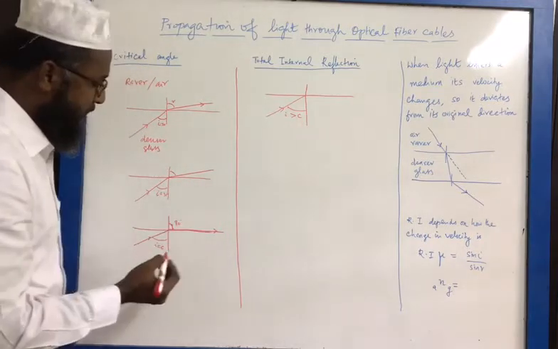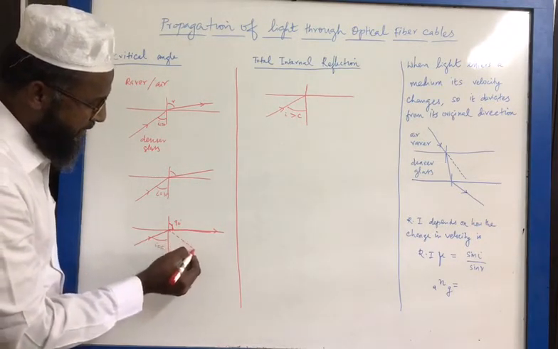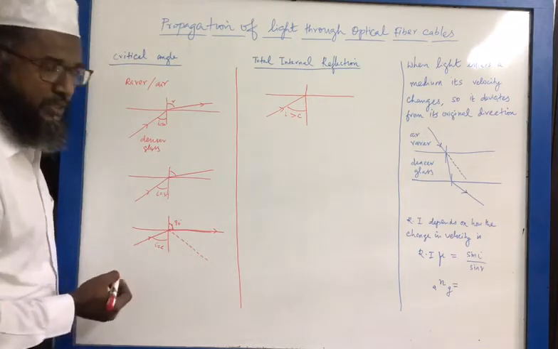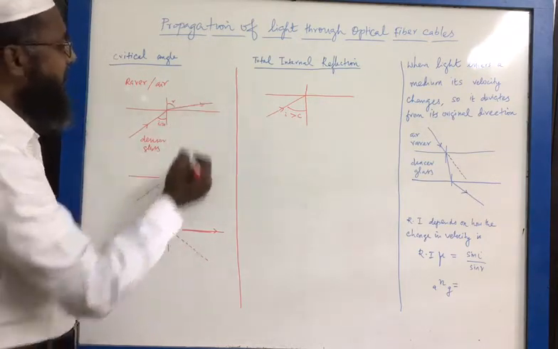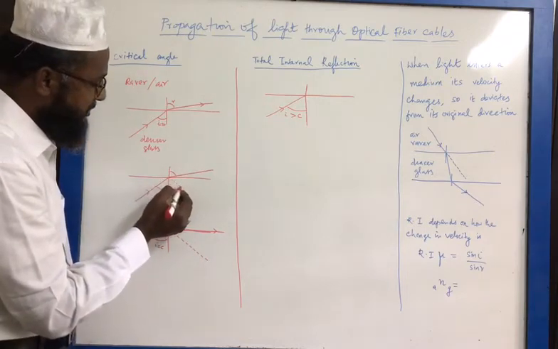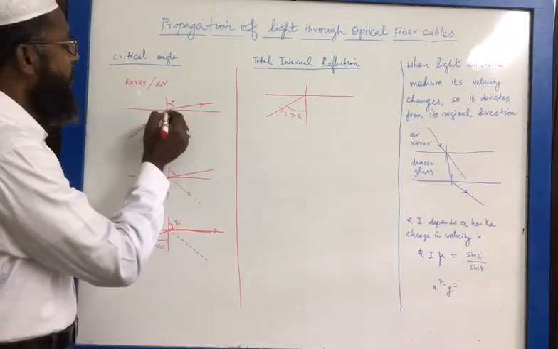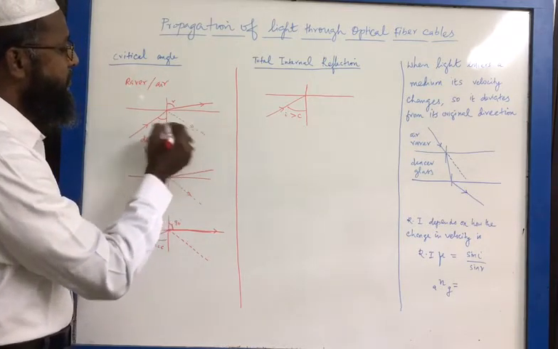And you have to understand there is always going to be a partially reflected ray in all the diagrams. In all the cases there is a refracted ray, apart from which there is going to be a partially reflected ray, which is also to be understood.